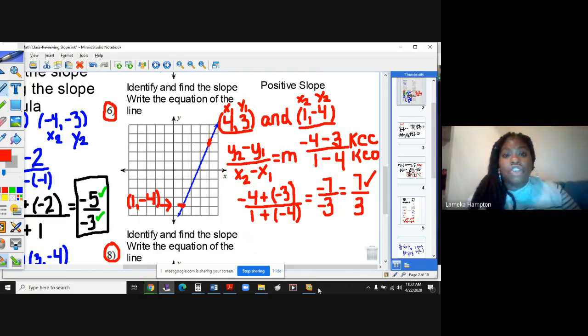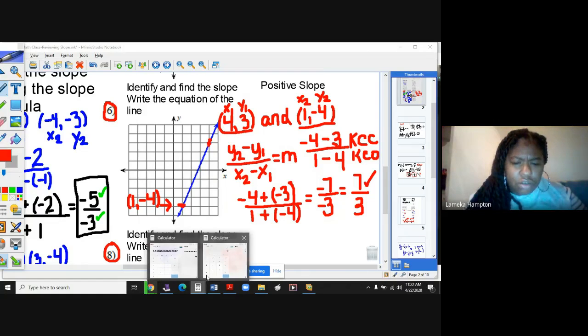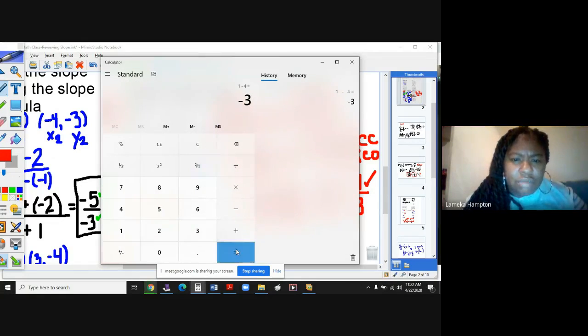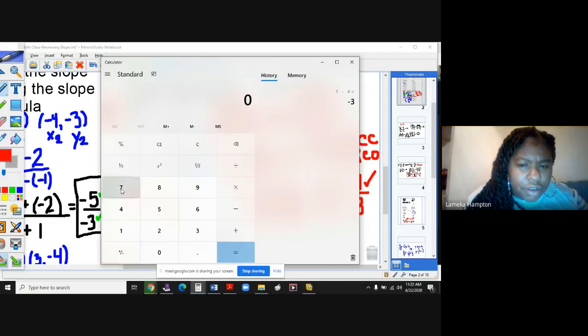Now, in the event that you don't believe me, because I always have to prove these things, I will prove it right now. Okay. So y'all still see my calculator? So I have -7, and I'm going to divide that by -3.